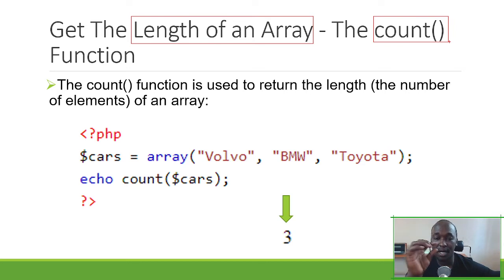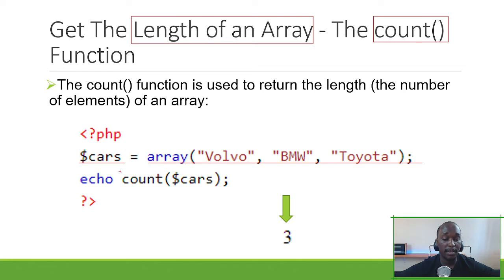And now you count the length of the array, and if it's 0, it means nothing has been returned. If it's 1 or greater than 1, then it means something has been returned. So it's a very important function, the count function. In this example, we declare an array called cars. We give it the values Volvo, BMW, and Toyota.